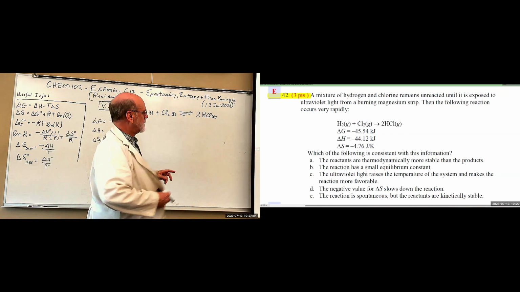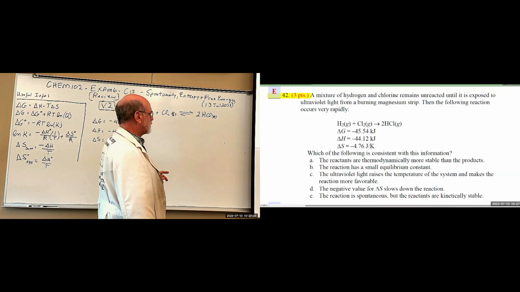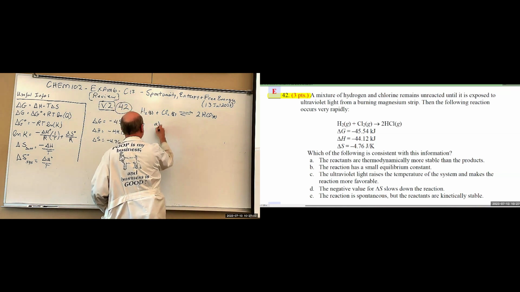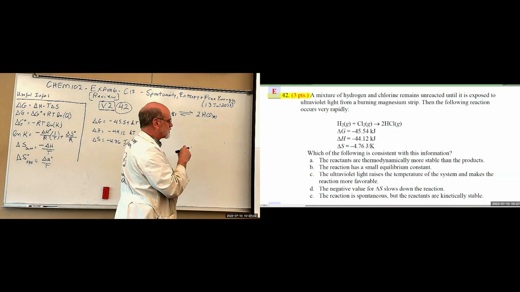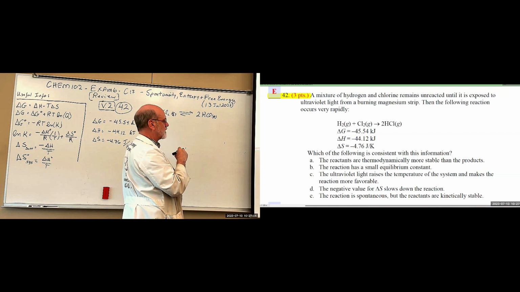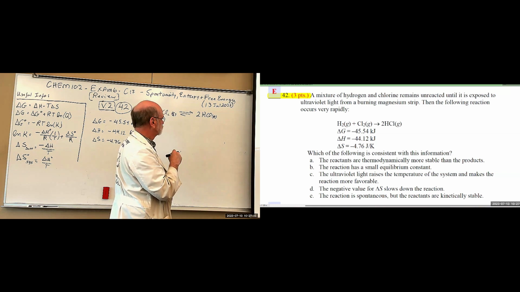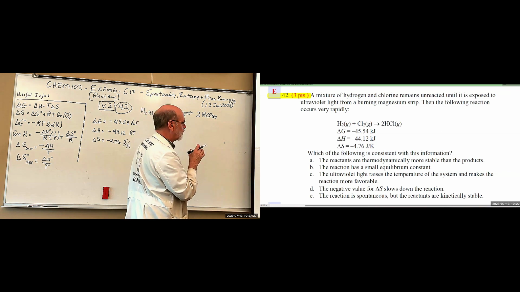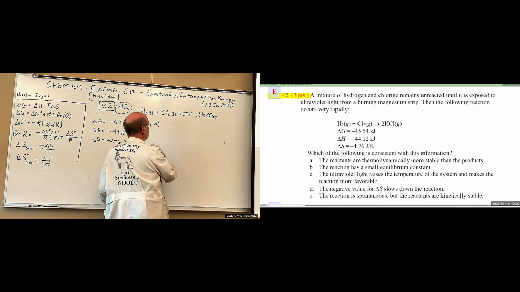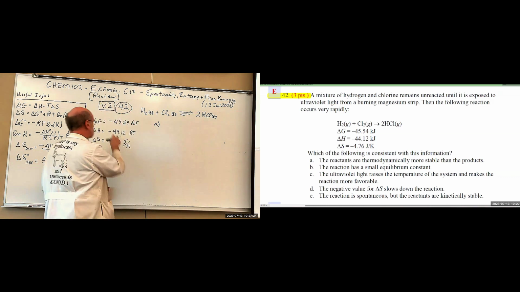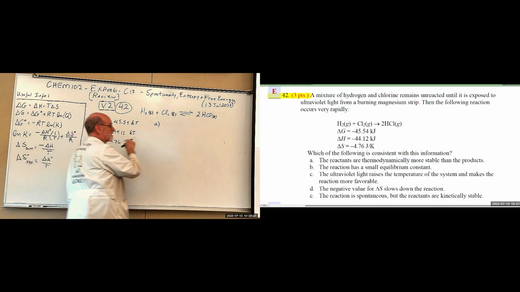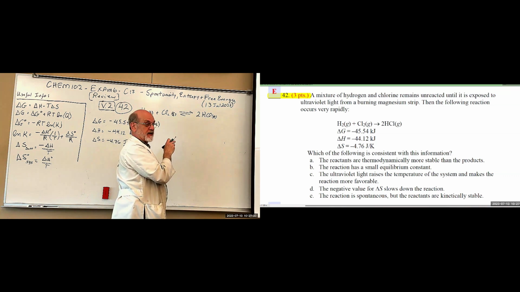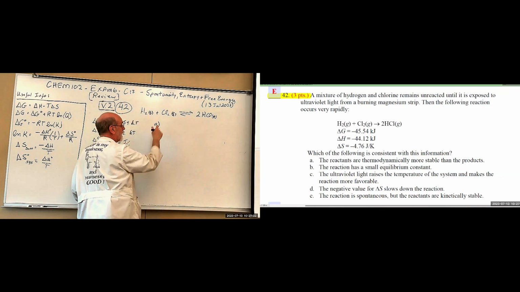Okay, now let's see. What's the question? Which of the following is consistent with this information? All right. How about A? The reactants are thermodynamically more stable than the products. No. If it's spontaneous, the products are more stable if it's spontaneous from left to right.